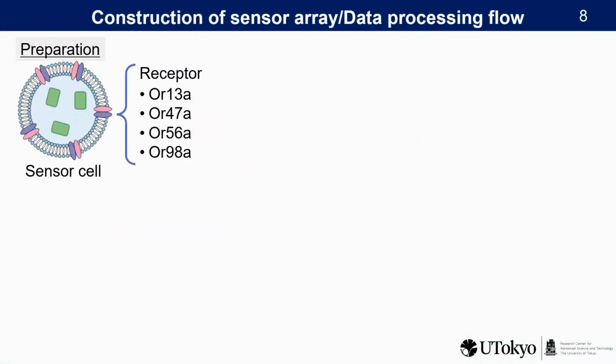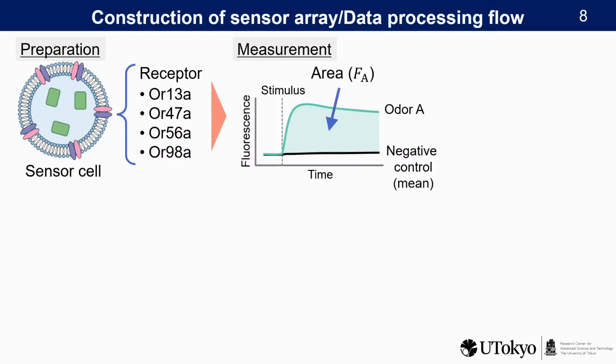Okay, in this slide, I will explain the method of constructing the sensor array using multiple types of OR sensor cells. From each sensor cell, we can measure the fluorescence response as shown in this illustration. To convert this time-series data into a scalar value, the area FA between the response curve for odor A and the negative control curve was calculated.